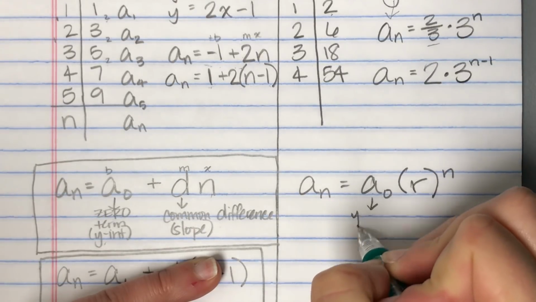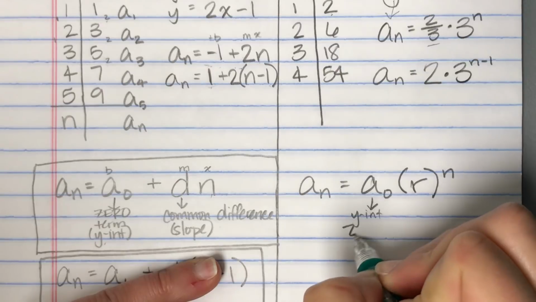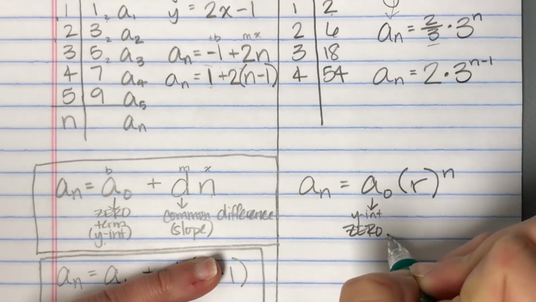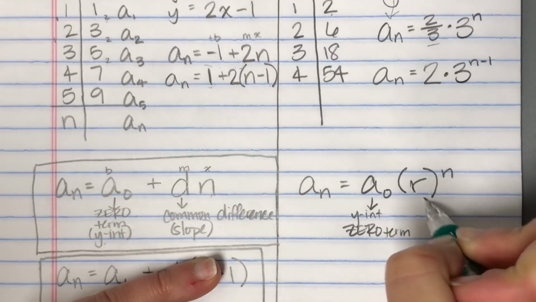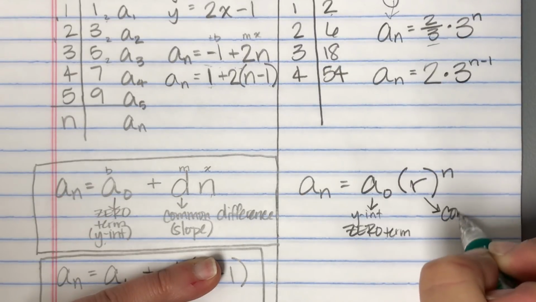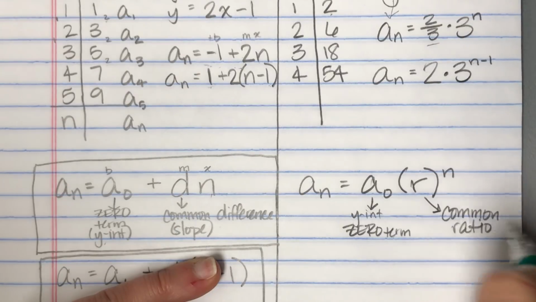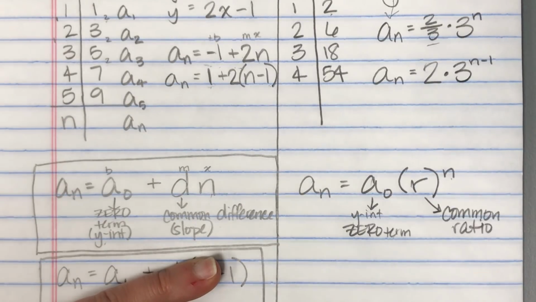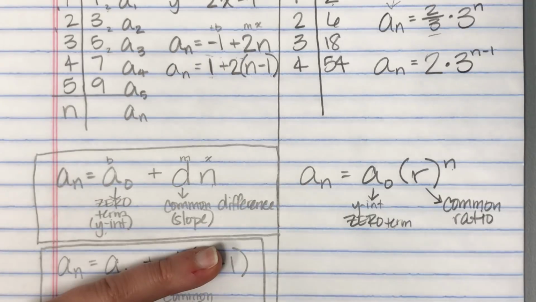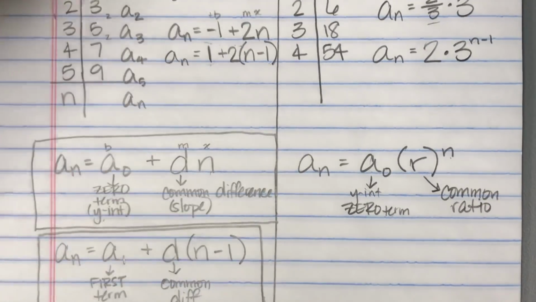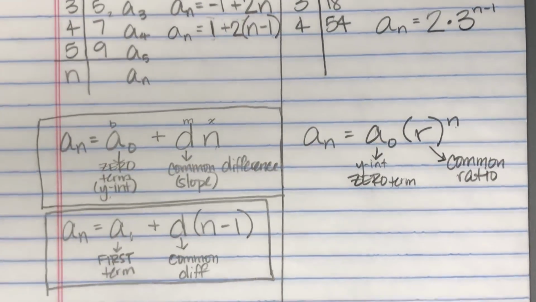I start with the y-intercept, which is the 0 term, and that r represents the common ratio, what we're multiplying by every single time, raised to a normal n, because I did the math and backed up to get the normal y-intercept that we typically focus on.